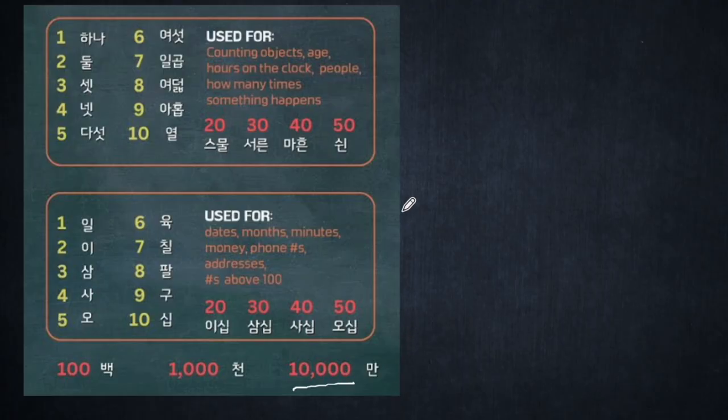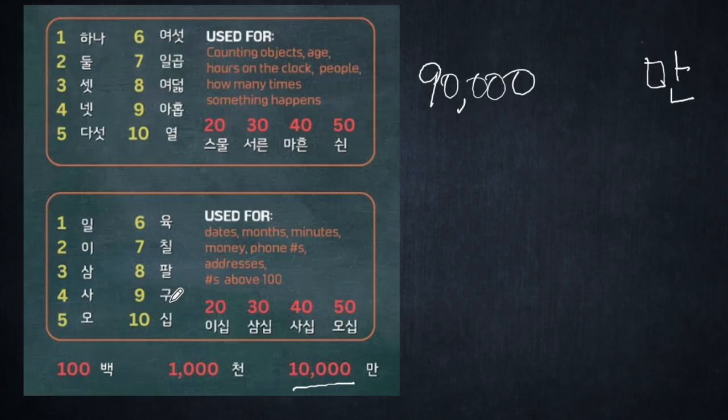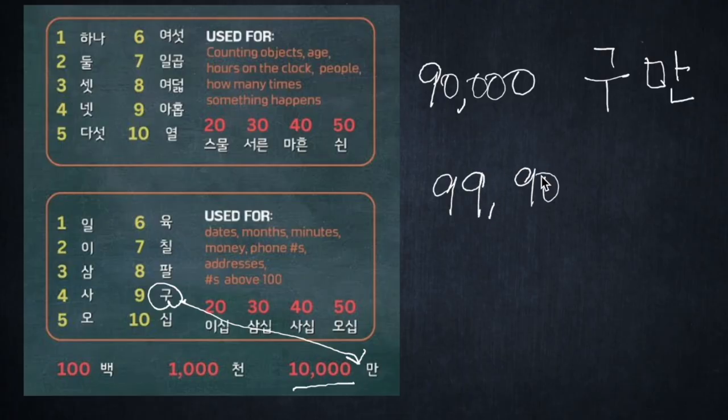Let's go ahead and work with 10,000, 만. How to say 90,000? So you say 9만. How would you say 99,000? 90,000, right?